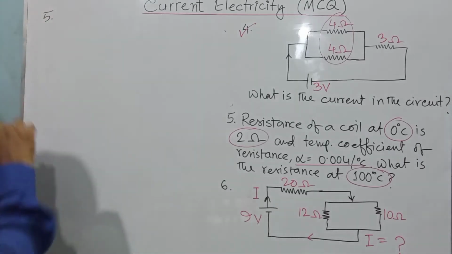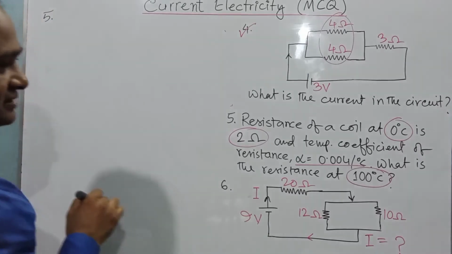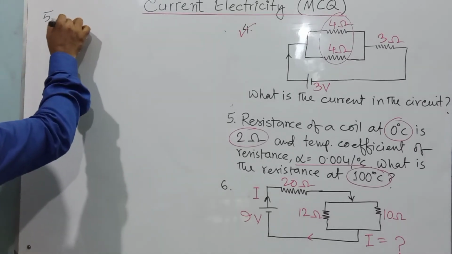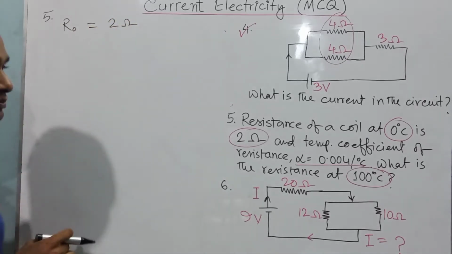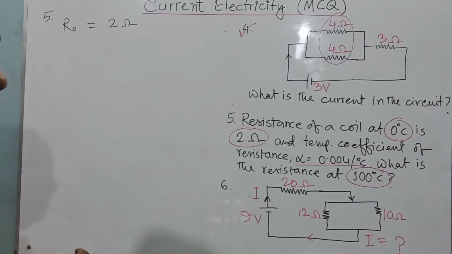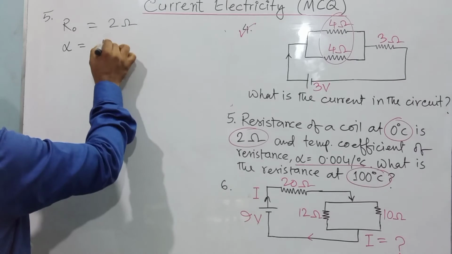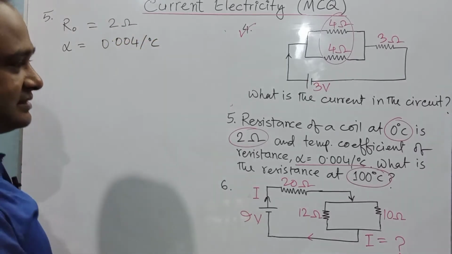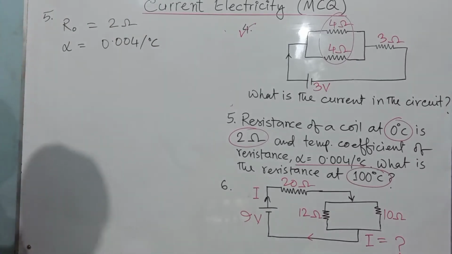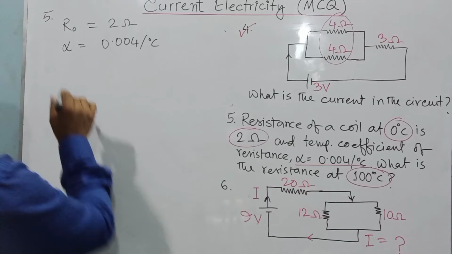To solve this, first we write the resistance of the coil at 0 degree Celsius, denoted by R naught, equal to 2 ohm, and the temperature coefficient of resistance alpha equal to 0.004 per degree Celsius.